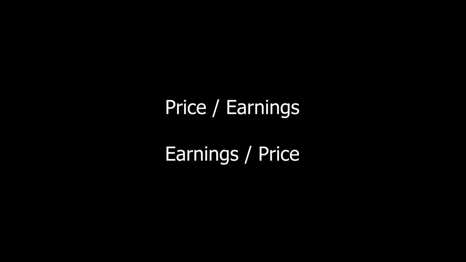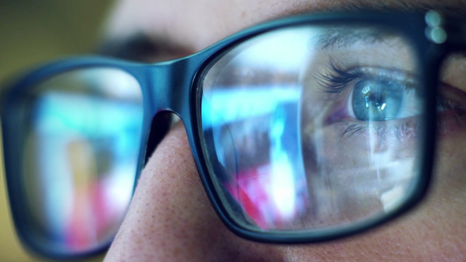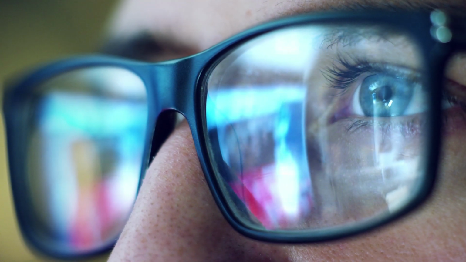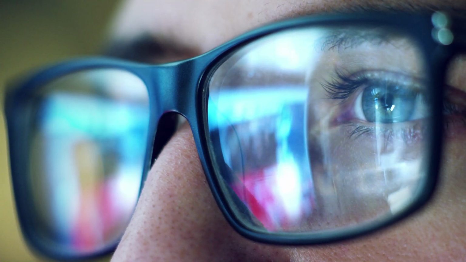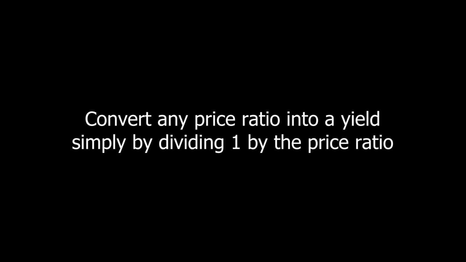To put it simply, the yield on the stock is the inverse of the price ratio, which means you can divide 1 by the price ratio to find the stock's yield. Again, this always works, and the math checks out. So once you find out which price ratio it is that you want to be using on the stock you're looking at, then you can easily convert the price ratio into the yield the stock is offering, again, simply by dividing 1 by the price ratio.